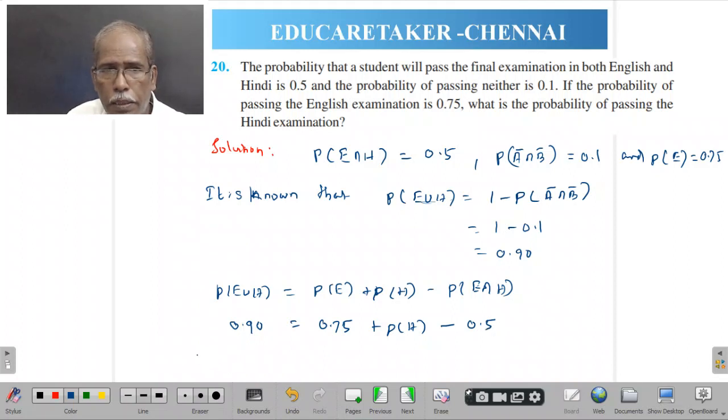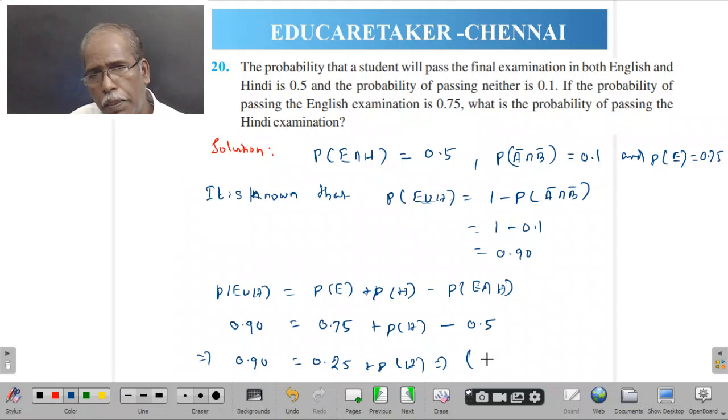This implies 0.90 equals 0.75 minus 0.5, that is 0.25, plus P of H. And this implies the probability to pass the Hindi examination is 0.90 minus 0.25, so 0.65.